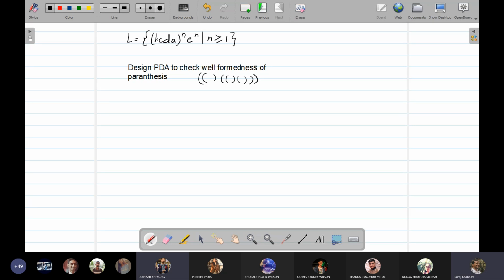Only X is required. Y also is required here. Yes, Pratik, Y is required here.